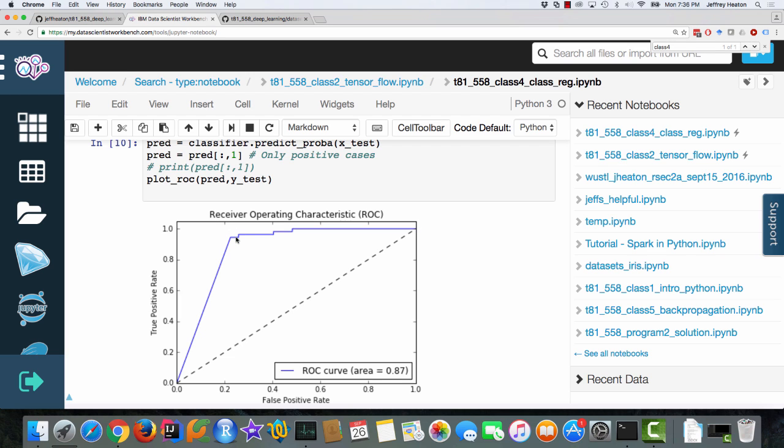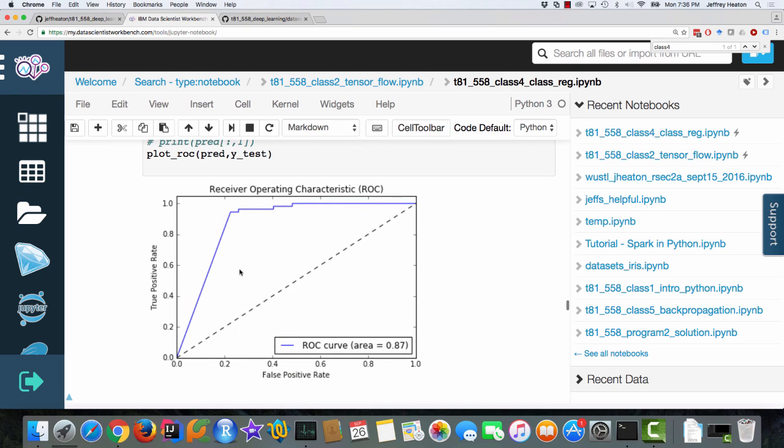What this ROC chart would tell you is that it generates more false positives than true positives, because it's more within that range.